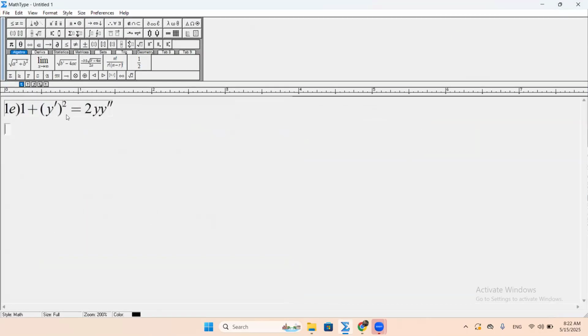This is a differential equation of the second order, and we have all derivatives in this equation, but no x. I mean the derivative of the zero order, the first order, the second, but no x.